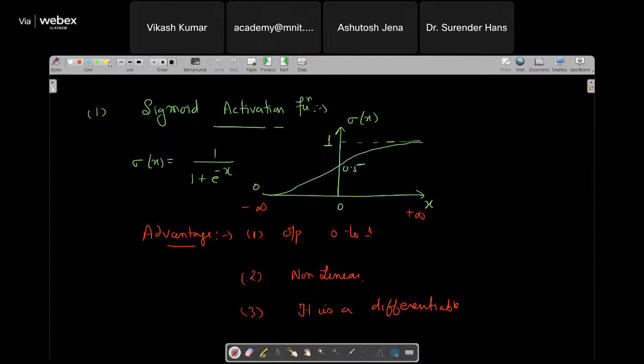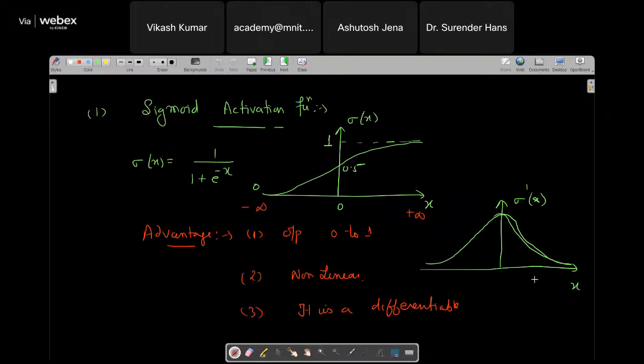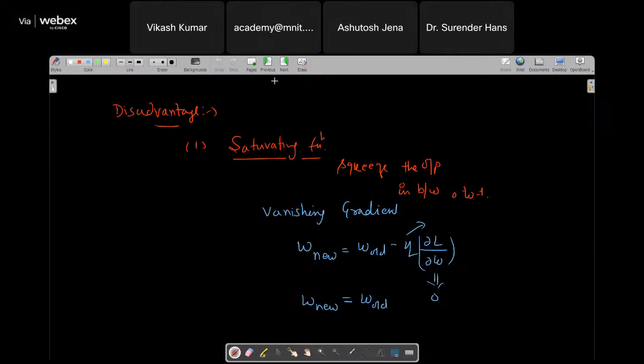Let me draw a graph representation of the differentiation, sigma dash. The point is, if we have a very high value of x, the differentiation will be close to 0.